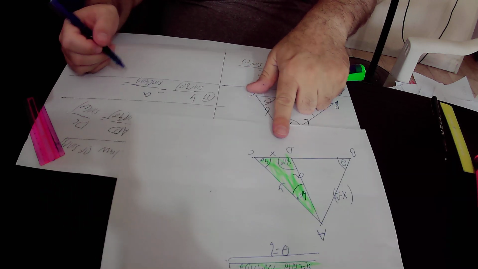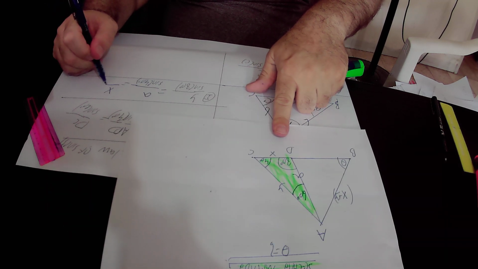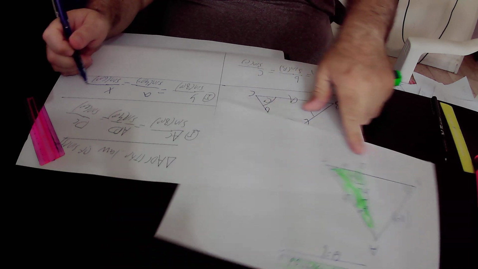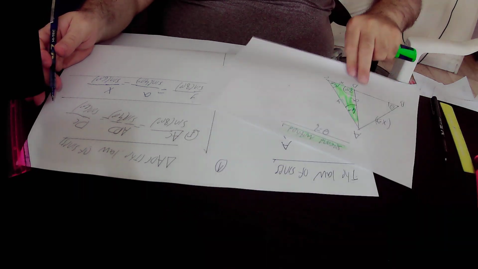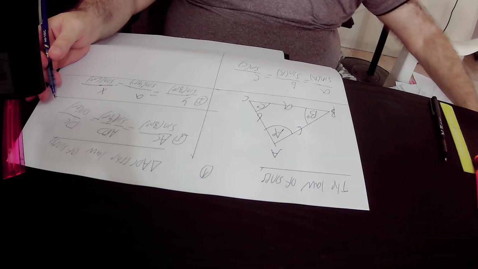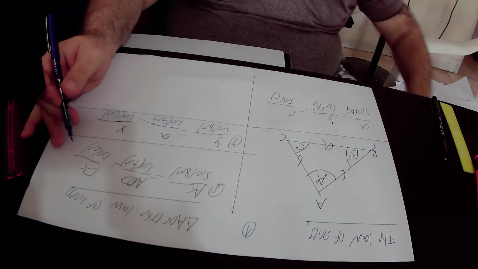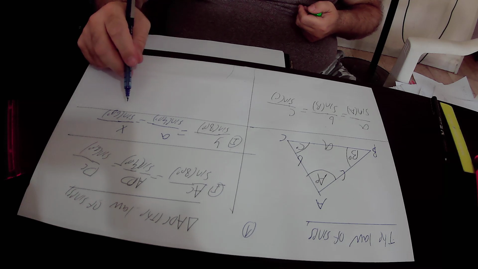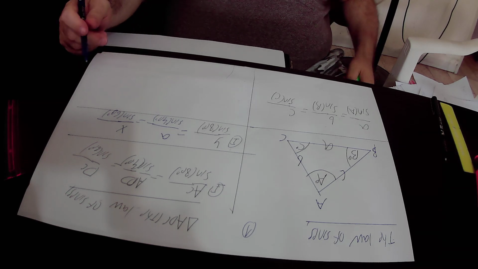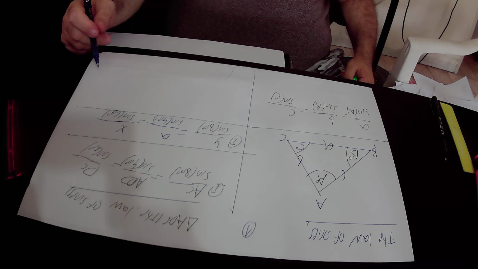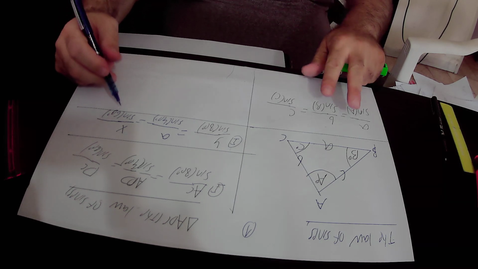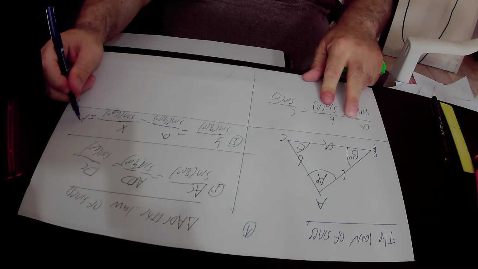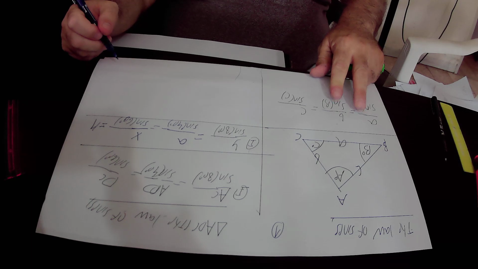DC equals x, so we substitute DC by x, so it is x over sine 60 degrees. So according to equation number 1, we found out that y over sine 80 degrees equals a over sine 40 degrees, and it is equal to x over sine 60 degrees. So we have here three different expressions that are all equal to each other, so we can define the value of each as k.